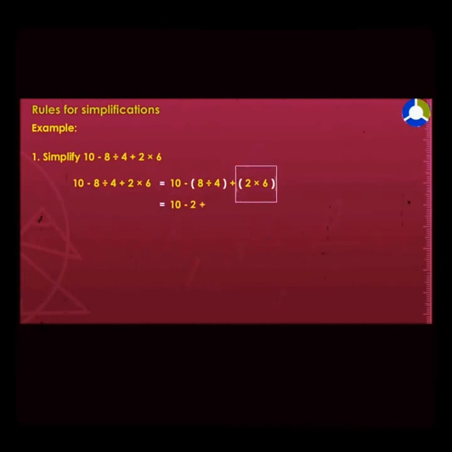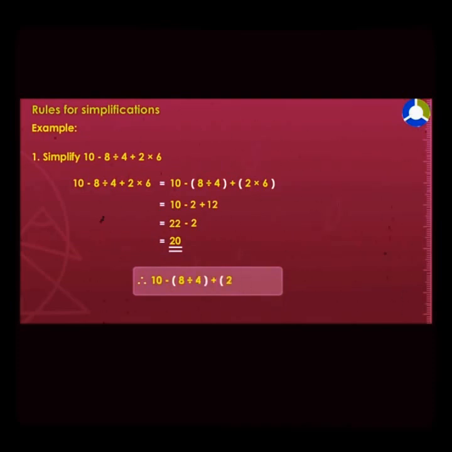And then multiply 2 into 6, which is 12. Then add 10 plus 12, which is 22. And then subtract 22 minus 2, which is 20. Therefore, 10 minus 8 divided by 4 plus 2 multiplied by 6 equals 20.